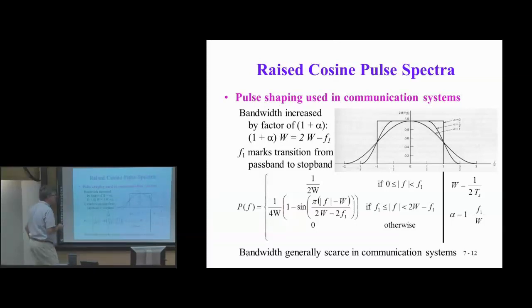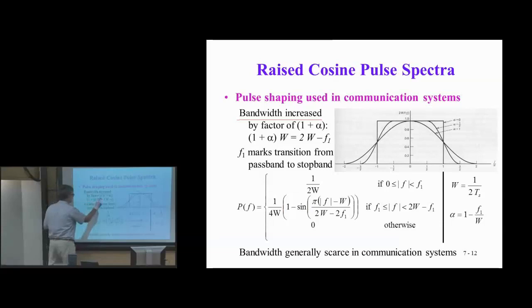All right. So again, this is a pulse shape we use in communication systems. Very common pulse shape. So what's the impact of the roll-off factor in the frequency domain? It increases the bandwidth. So when alpha is 0, I'm back to just the sinc, and my bandwidth is simply capital W. Right?